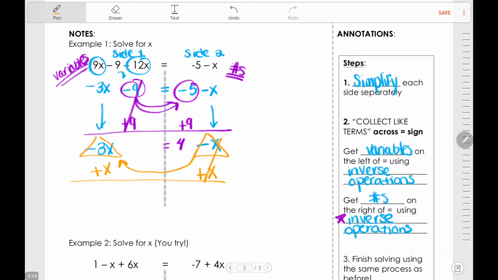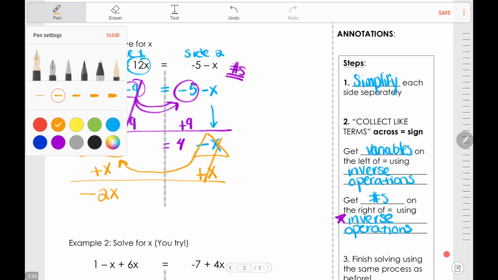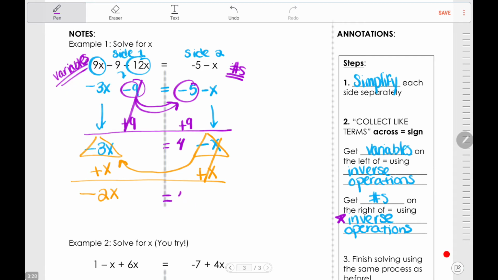It's going to cancel out. And then this is going to give me negative 2x. And I'm going to bring down what was already there, and that's the equals 4. So now once I've collected my like terms, I have variables on this side, check. And I only have numbers on this side, check.